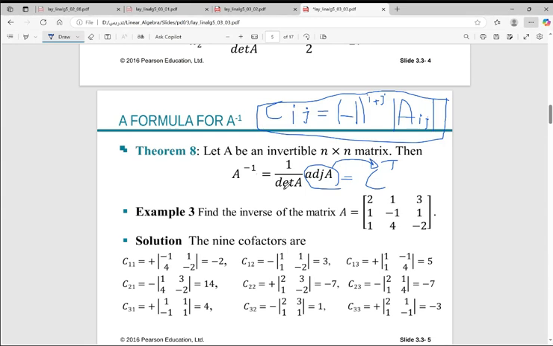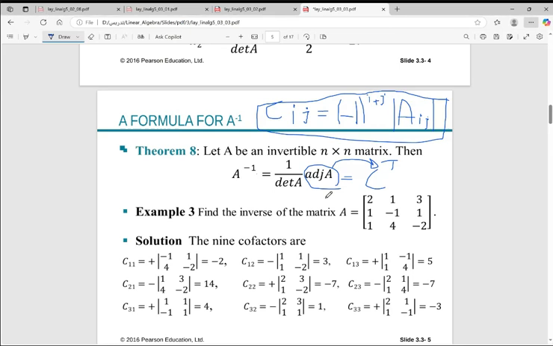So then this theorem 8 says A minus 1, the inverse of A, equals 1 over determinant times adjugate of A, right?